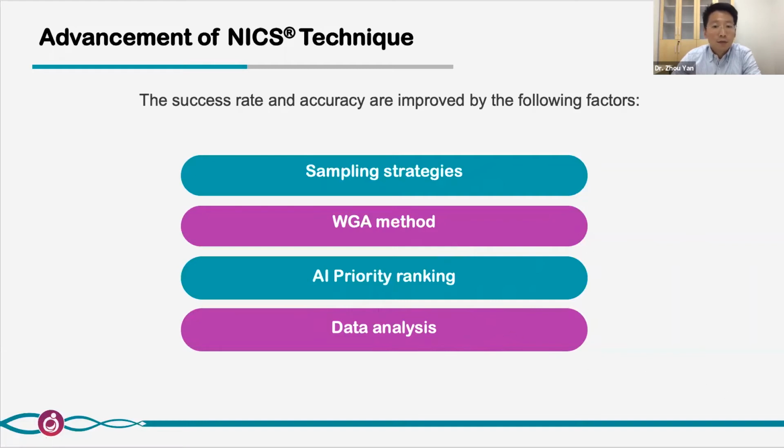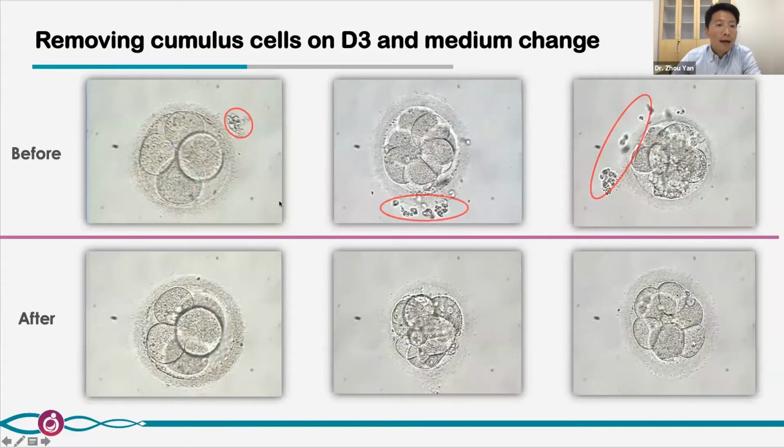So first of all is the sampling strategy. We have introduced the removal of the granulosa cumulus cells on day 3, even after they have been cleaned up during the ICSI procedures.